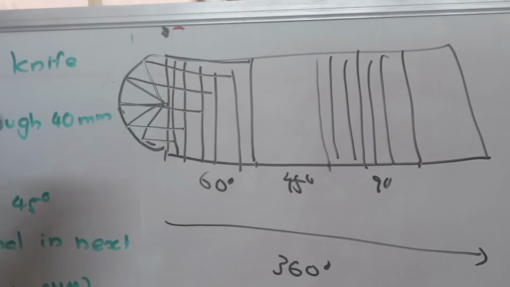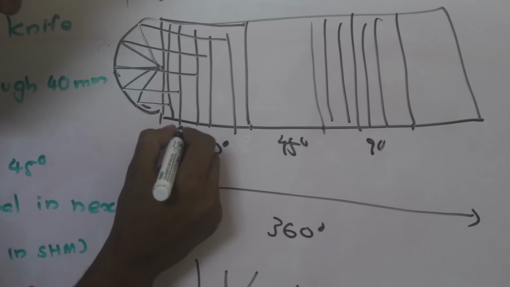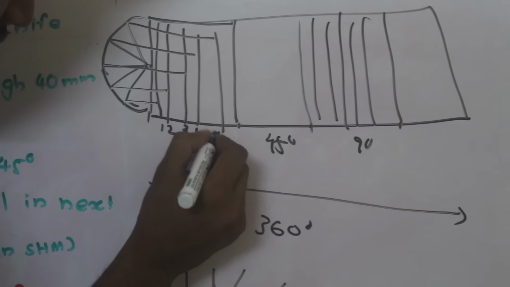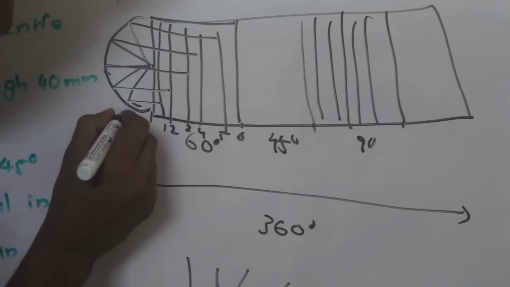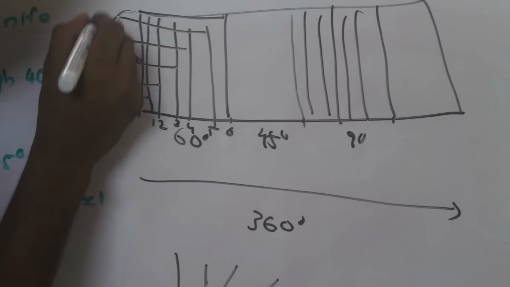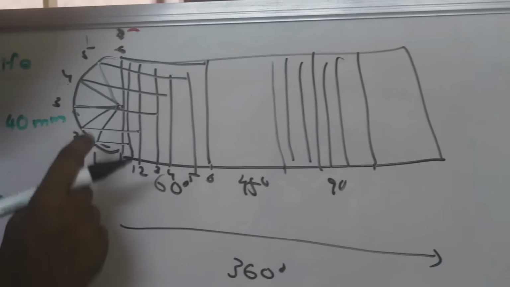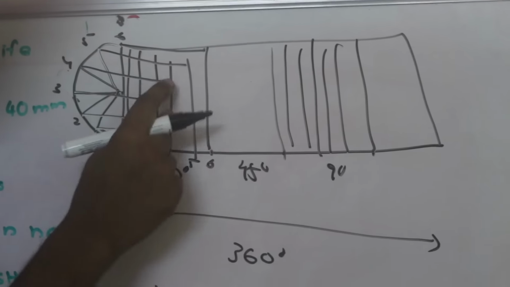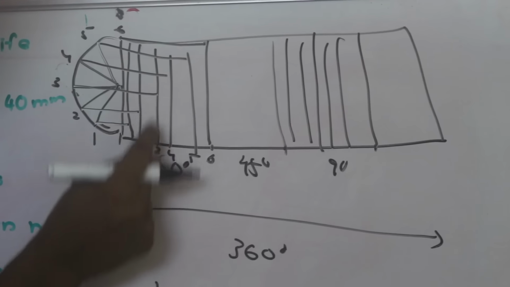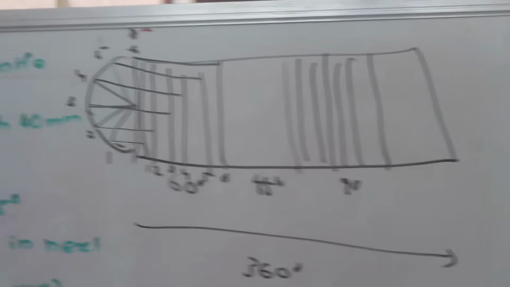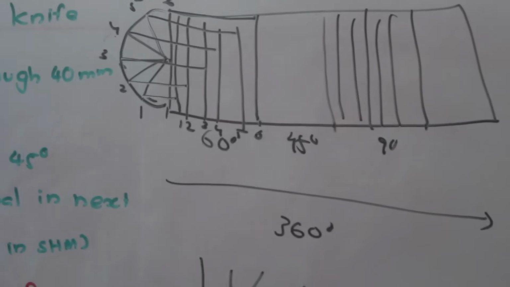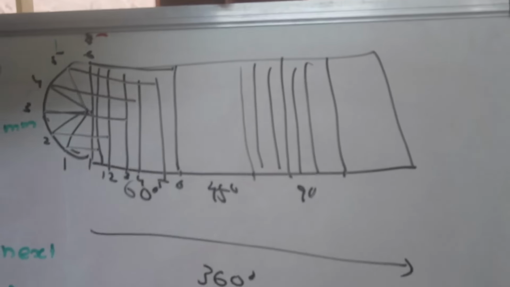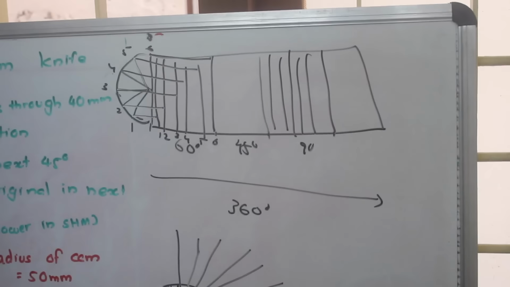So these are the projections. For convenience, we can name them 1, 2, 3, 4, 5, 6. Here also 1, 2, 3, 4, 5, 6. Look, 5 and 5 will coincide, 4 and 4 will coincide, 3 and 3 will coincide, 2 and 2 will coincide, and so on. Now, after reaching here, the follower is returning to its initial position.